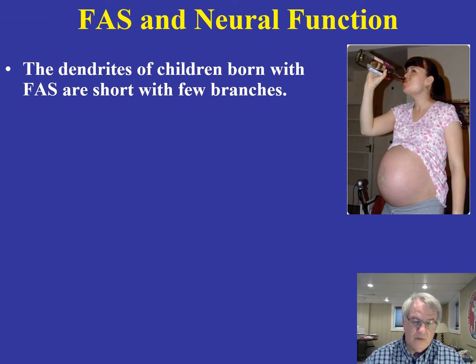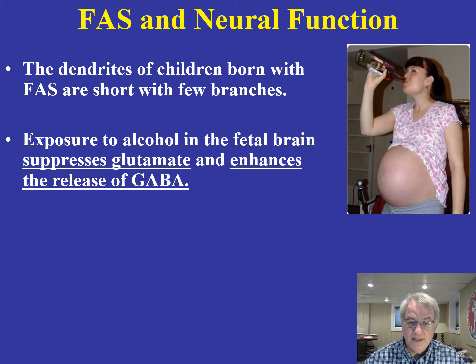When you take a look at what is happening in terms of neural function, there's a lot of studies now that indicate that the dendrites of neural cells of children with fetal alcohol are short. They have very few branches. We also know that there's a suppression that occurs in terms of certain neurotransmitters like glutamate and elevated release of neurotransmitters like GABA.